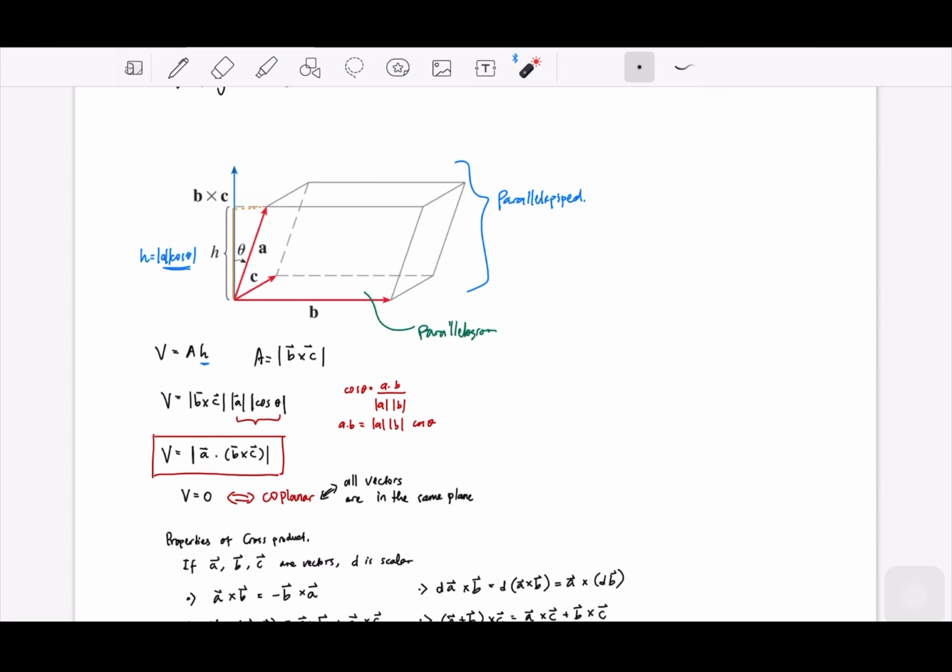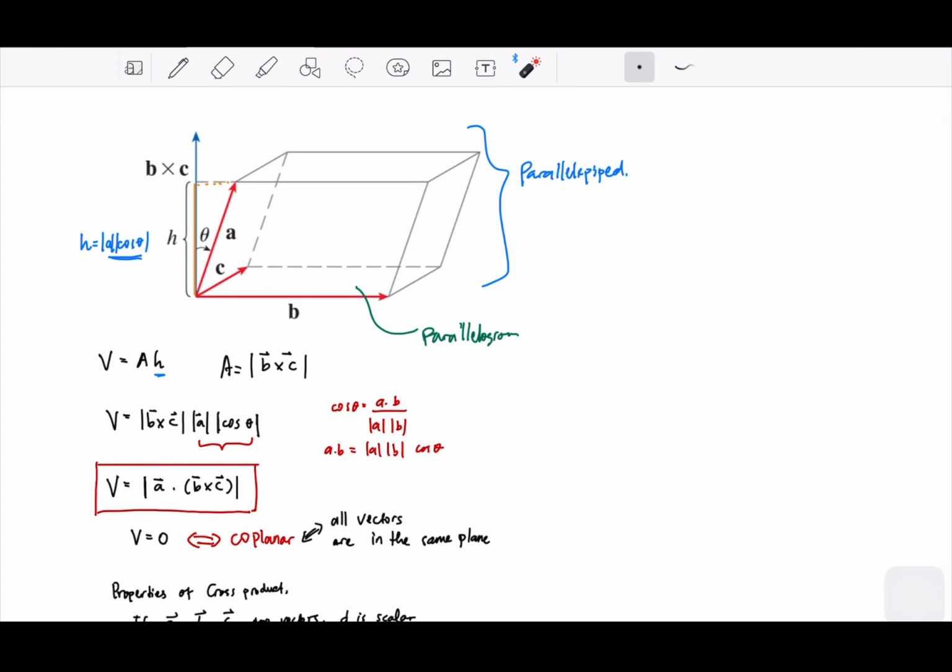So we first start with the parallelepiped. We can imagine the parallelepiped having a base area of a parallelogram, whose magnitude is the magnitude of the cross product of B cross C. If we have another vector, vector A, we can relate this to a projection, which is the height, and we can calculate the volume of this geometric shape.